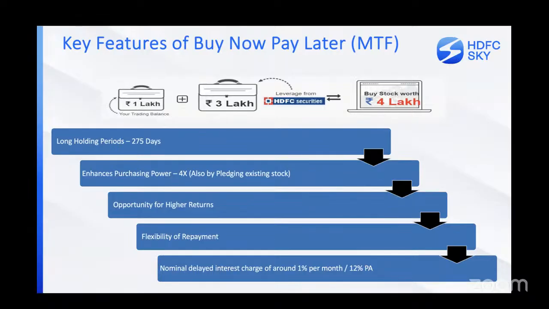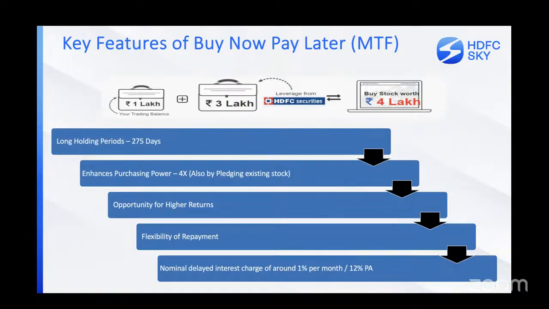With the same money, you can buy more stocks, which increases your purchasing power. You can hold stocks for up to 275 days. It increases the opportunity of higher returns. Since you have a position worth 4 lakh rupees, let's assume that in a month or so the stock goes up by 10%.